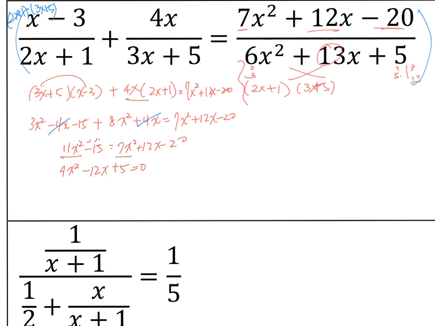Okay, now I'm going to use, let's see, 2, 2, negative 5, negative 1. Negative 2, negative 10, yay, negative 12. Okay, so let's factor. 2x minus 5, 2x minus 1 equal to 0. And x would equal 5 over 2, and the other one will be half.